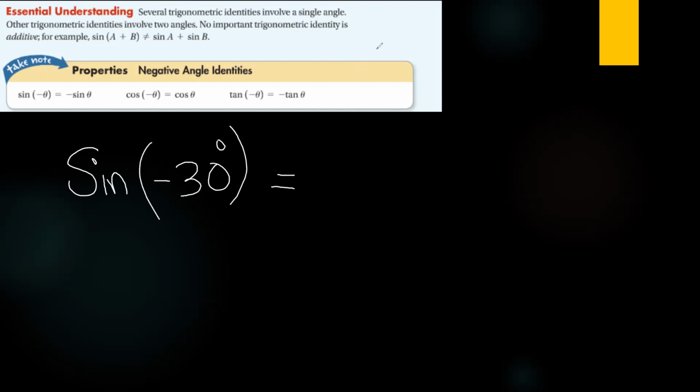Let's start now with the first one. The first of the identities are the negative angle identities. If you want to find sine of negative 30, it will be negative sine of 30 degrees. As an example, all of us know that sine of 30 is half.